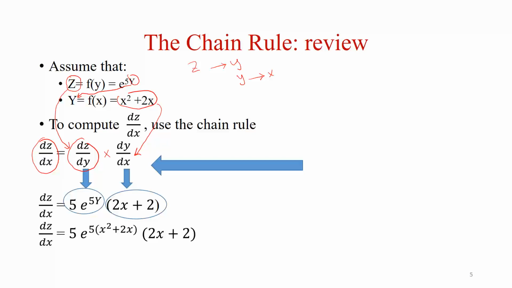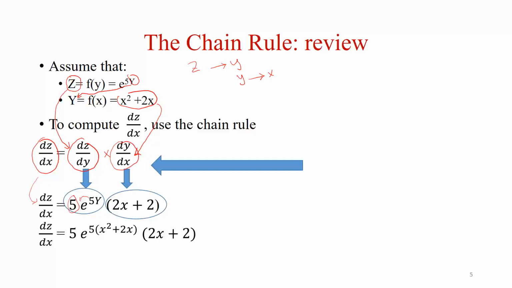Okay, so in the above example, let's compute this. The derivative of z with respect to y is, you can see in this equation, 5. This 5 comes from here, 5e to the power 5y, multiplied by the derivative of y with respect to x.